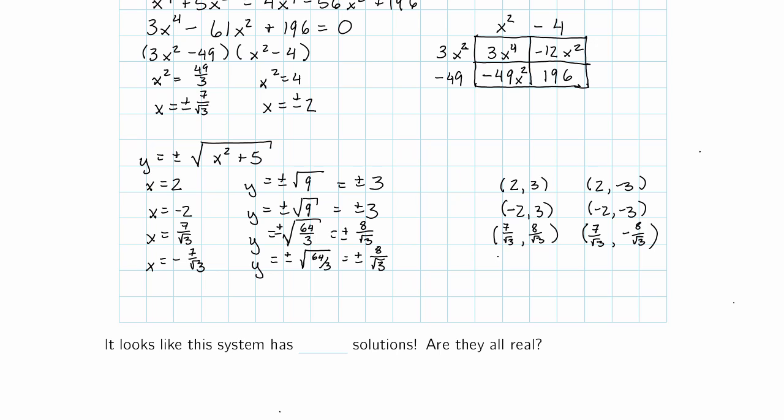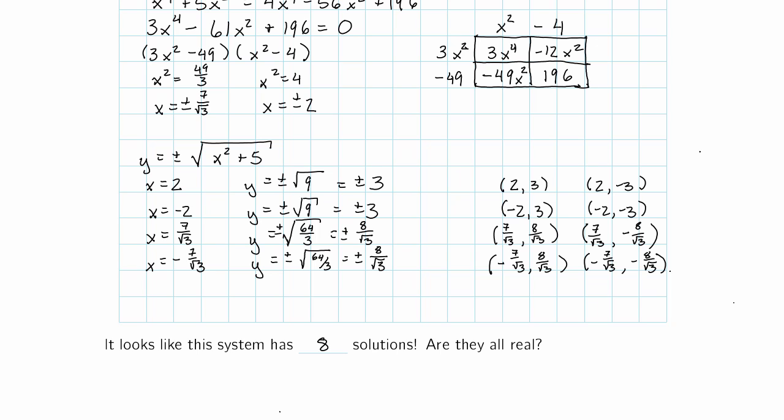So that gives us 2 more solutions. Negative 7 over root 3, positive 8 over root 3, or negative 7 over root 3, negative 8 over root 3. It looks like this system has 8 solutions.